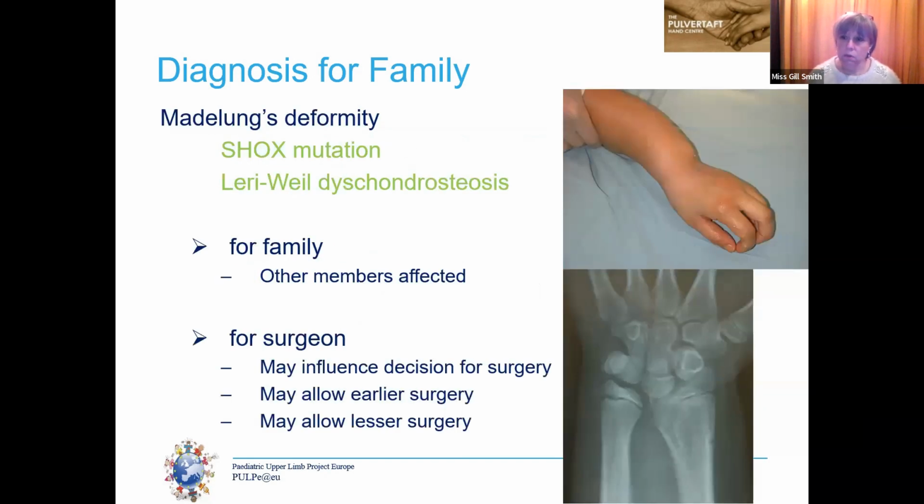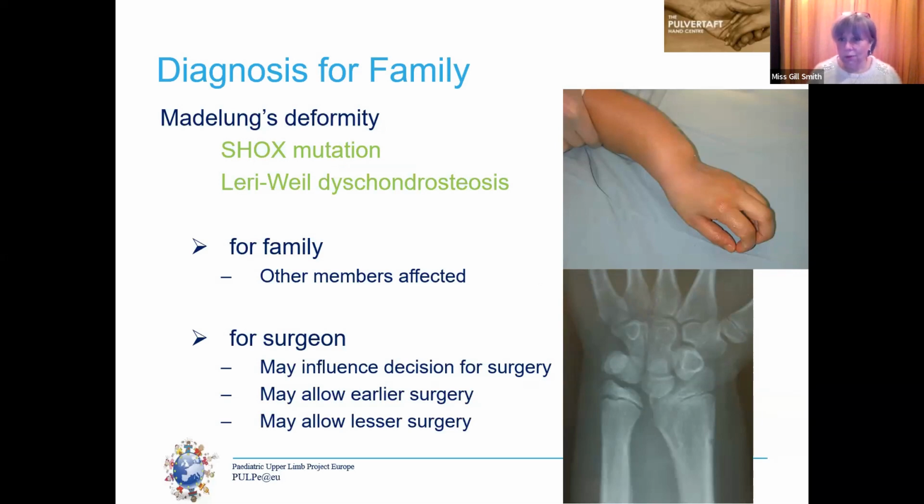There's also, what about children that are already born? And there might be a difference. So Madelung's is due to a SHOX gene mutation. And you can get this with Leri-Weill dyschondrosteosis, and they're obviously short in stature. And you get deformities, particularly the dinner fork deformity, like you can see in the top right. And of course, other children may be affected.